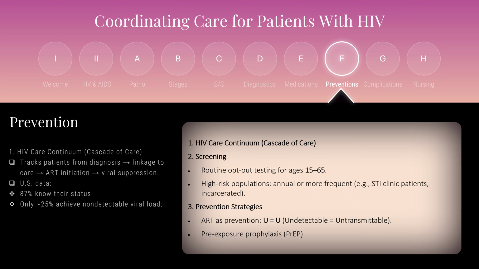incarcerated. Prevention stages: ART as prevention, U equals U, undetectable equals untransmissible. Pre-exposure prophylaxis, the PrEP. We talked earlier about Truvada, Descovy, cabotegravir, oral or injectable.